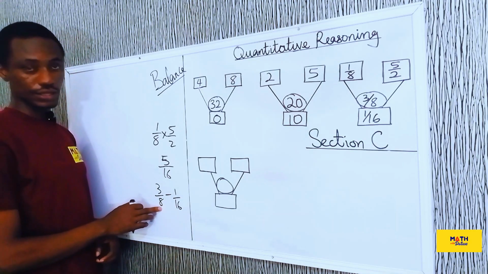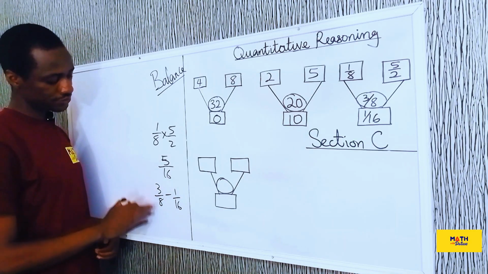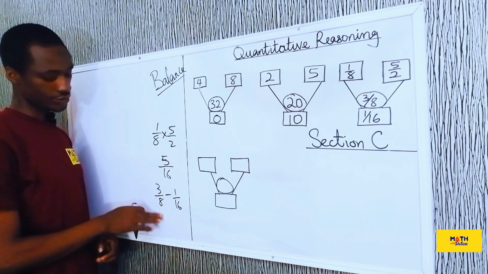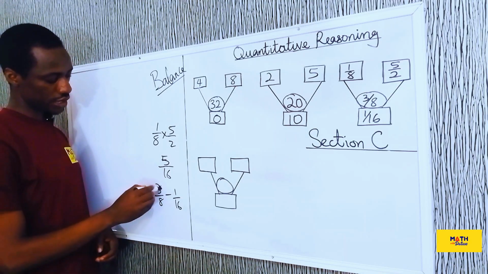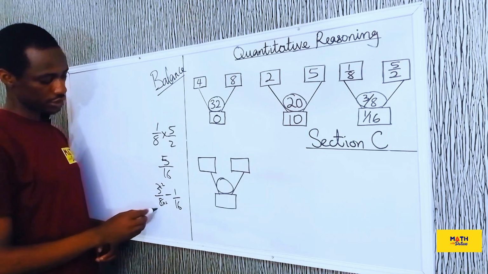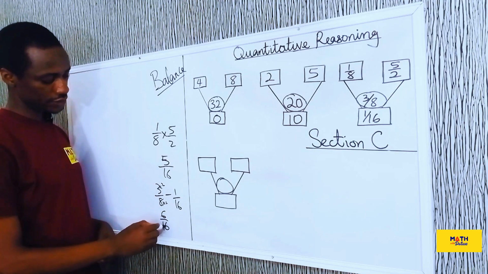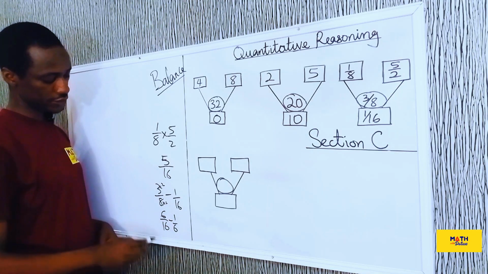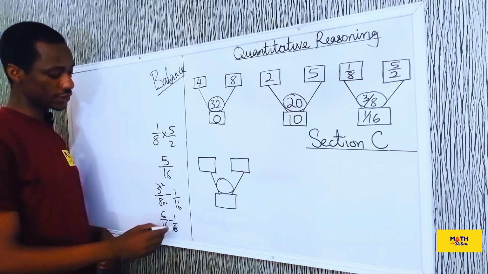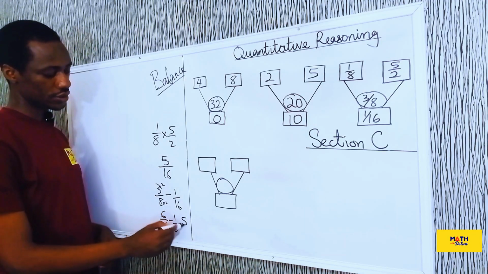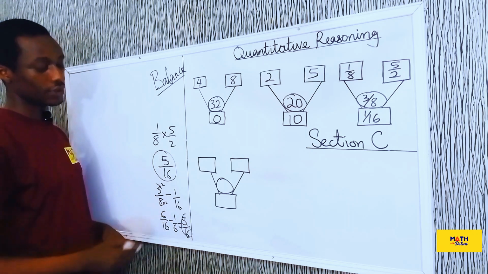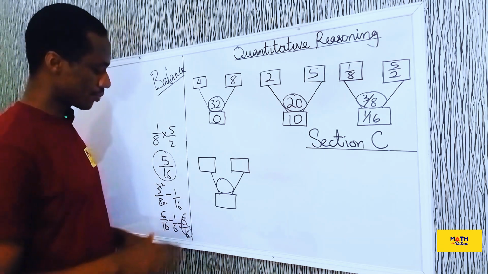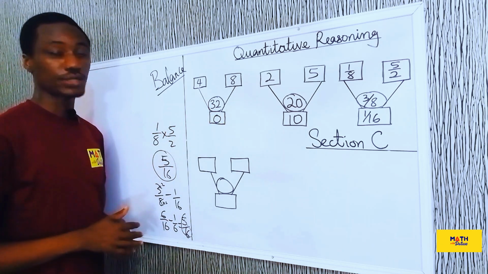To make this 16, I'll multiply by 2, generating an equivalent fraction such that the denominator is 16. So that will be 6/16 minus 1/16. 6 minus 1 is 5/16, checked. So that means it works across the samples.